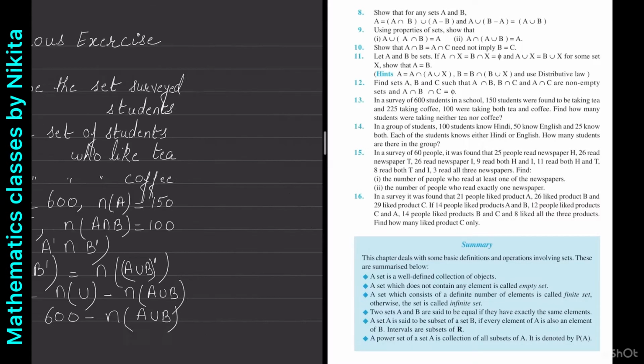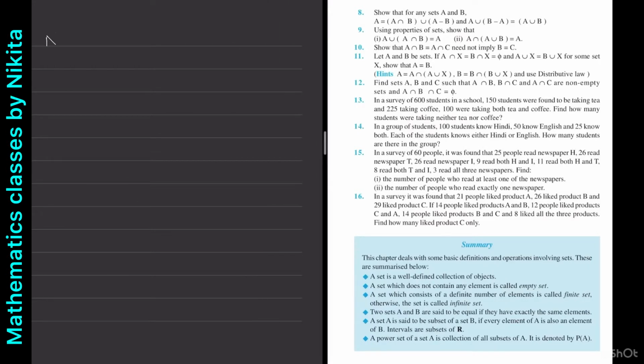So let us find the number of elements in A union B using our formula. The formula says that the number of elements in A union B is equal to the number of elements in A plus the number of elements in B minus the number of elements in A intersection B. Now just plug in the values.